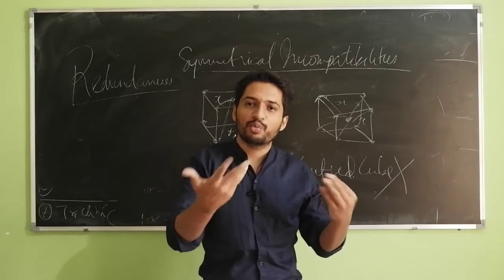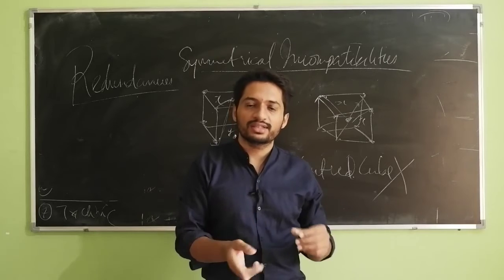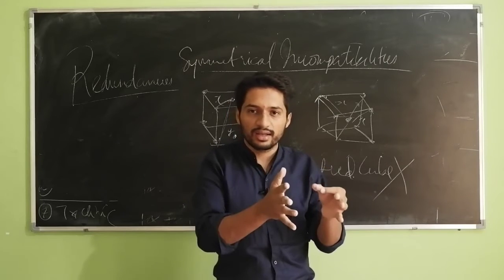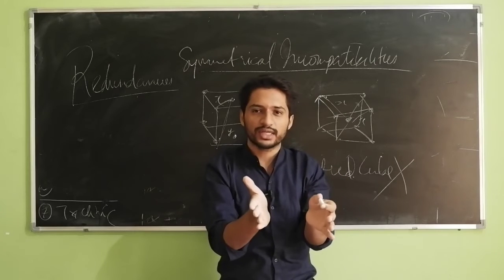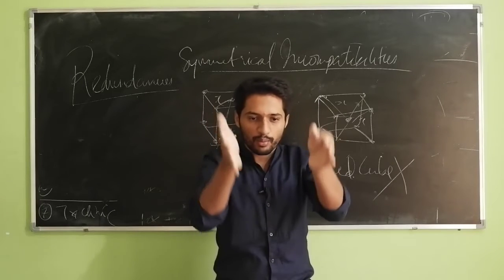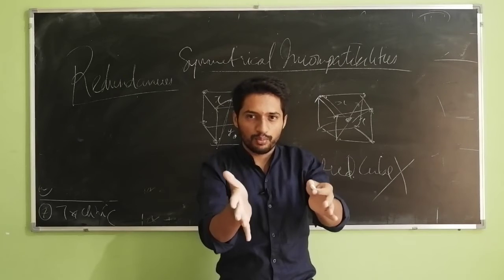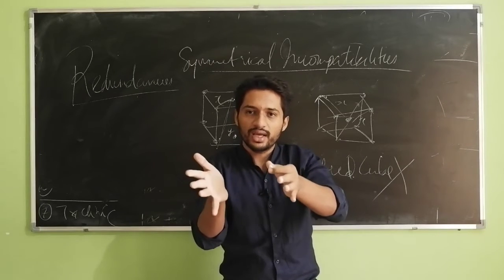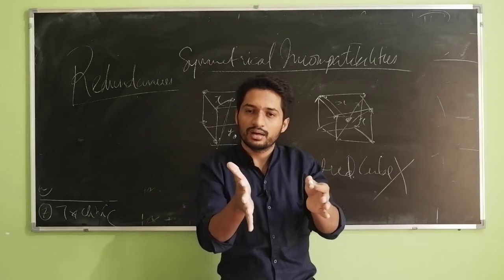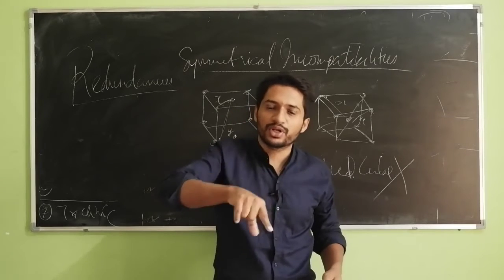Why can't I have body-centered? The reason is, if I have one unit cell that is body-centered triclinic, and now I keep one more unit cell that is body-centered triclinic, this will form a geometry that is tetrahedral. Alright, so that's a repetition.